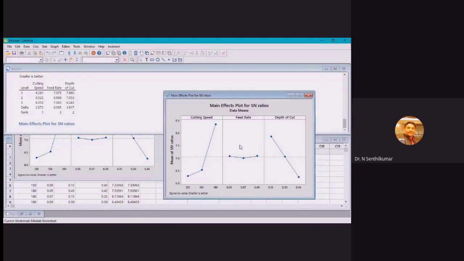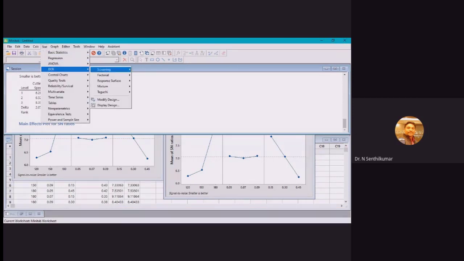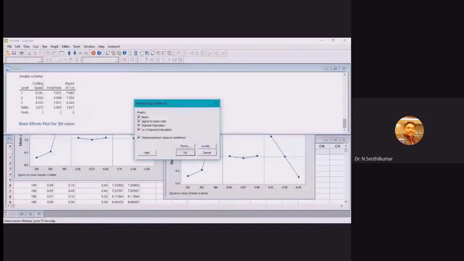So you can see the prediction values. Third level, first level. Someone was asking about that prediction equation, no? In this also we have the prediction. Stat, DOE, Taguchi, predict.